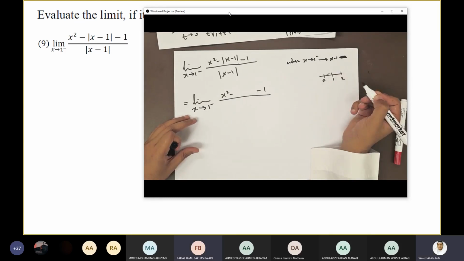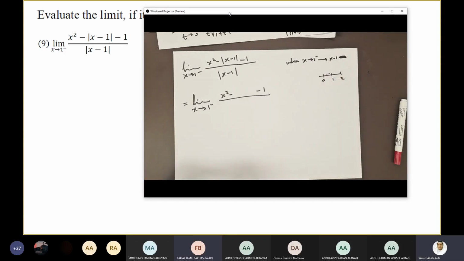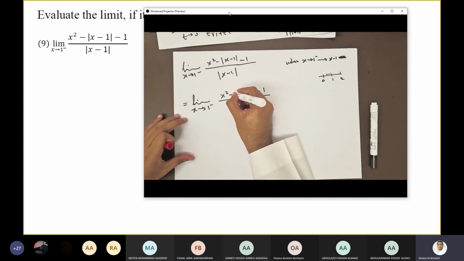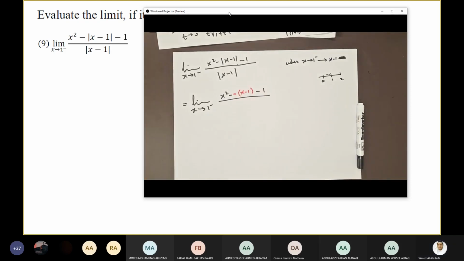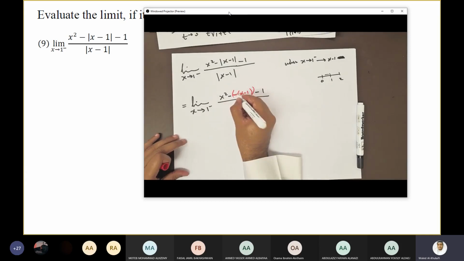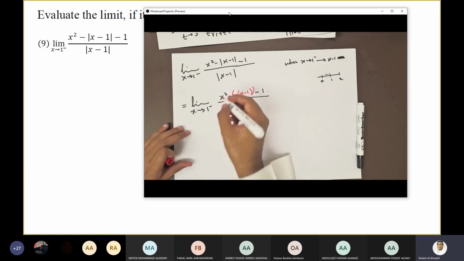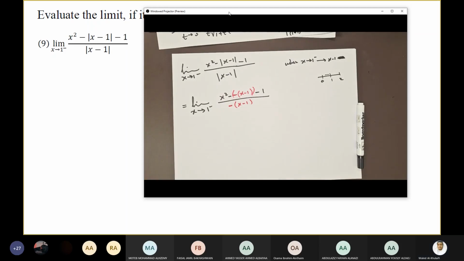It will be negative. So that means it will be minus of x minus 1. If you see that, it will be minus of minus x minus 1, and down here it will be minus of x minus 1. Okay?